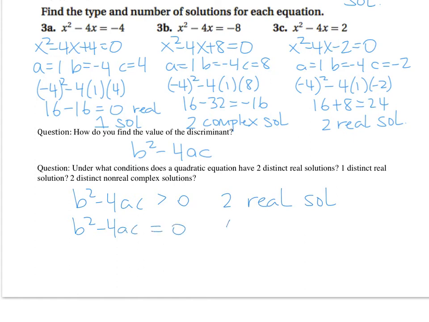When it equals 0, one real solution. And when it's less than 0, we have two non-real or complex.